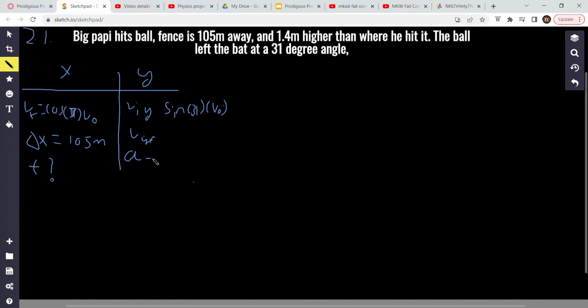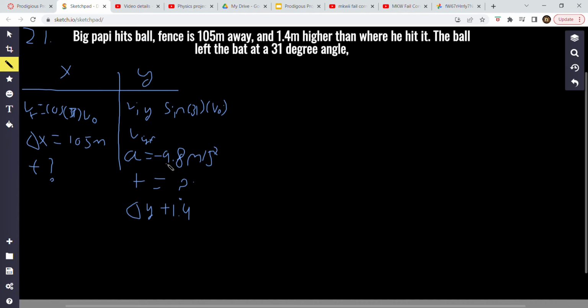What we do know is the acceleration due to gravity, and that's always going to be minus 9.8 meters per second squared. Time we also do not know, so we're going to use a question mark. And the delta y is actually going to be plus 1.4, because of how high the fence was.